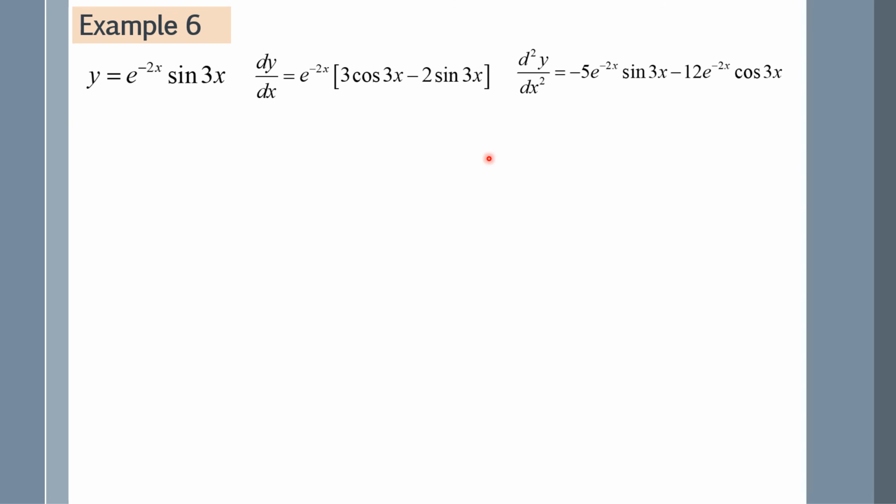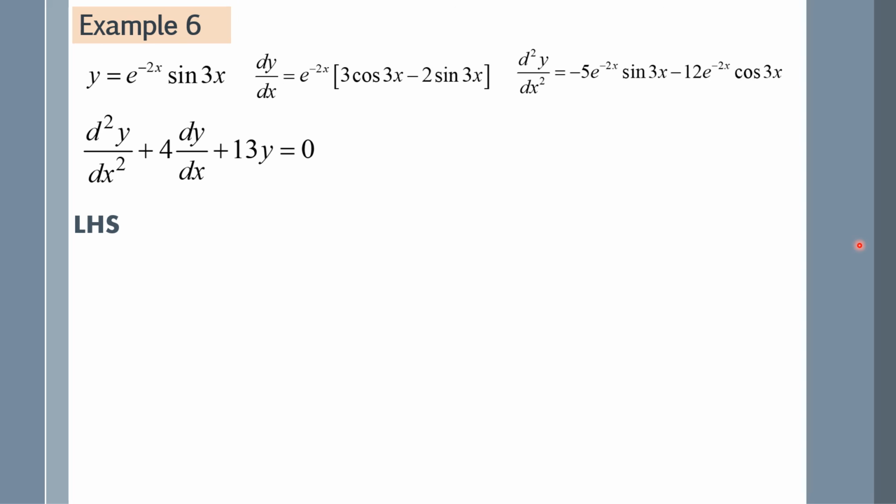The question asks us to show that d²y/dx² plus 4 dy/dx plus 13y equals 0. Taking the left-hand side, d²y/dx² plus 4 dy/dx plus 13y, we replace d²y/dx² with negative 5e^(-2x) sin 3x minus 12e^(-2x) cos 3x.